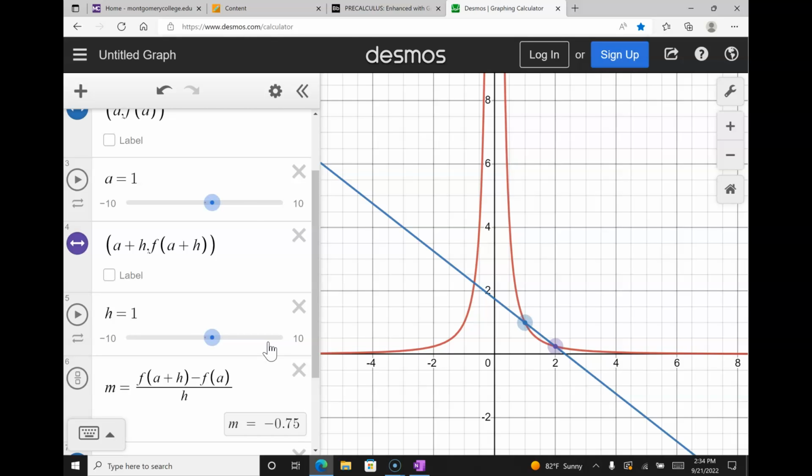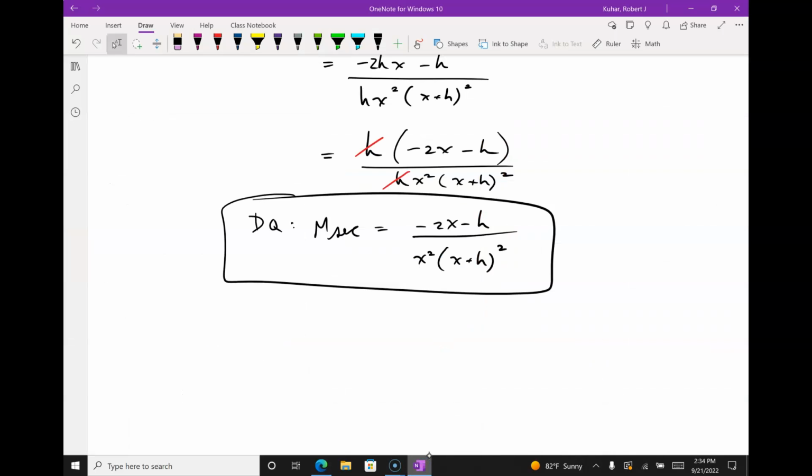So what do I actually have for points here? If x is 1 and h is 1, just because I chose them, what do I get for my secant slope? Negative 2 times 1 minus 1 all over 1 squared times 1 plus 1 quantity squared, right?